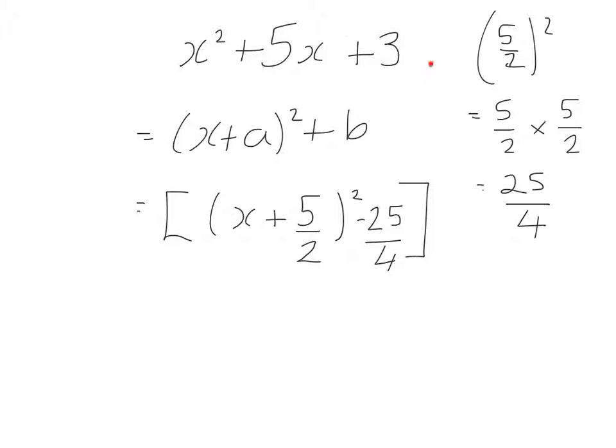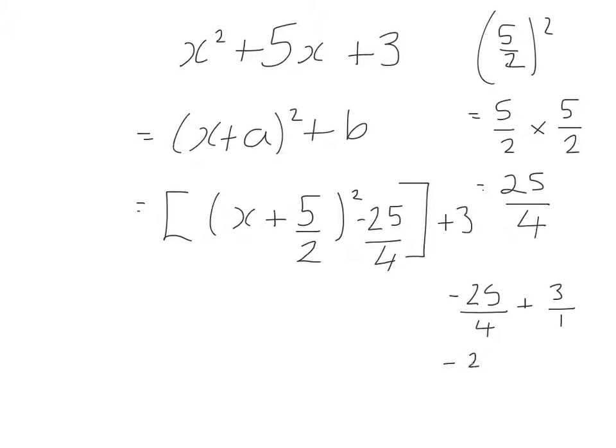And always remember, we need to carry this down here. So we're still going to have plus 3. We now need to collect our like terms, but our like terms this time have fractions, which is fine. We know how to deal with fractions. We are just going to do this at the side just so we've got plenty of room. So we're doing minus 25 over 4 plus 3 over 1.